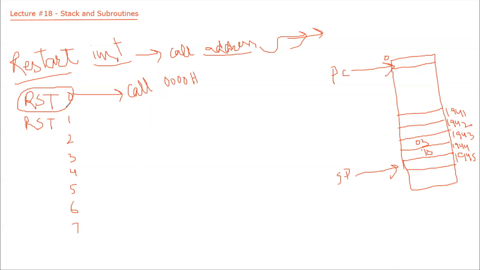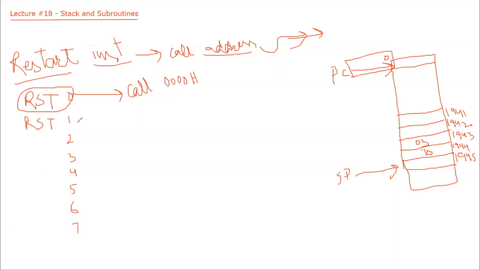Why we are using these restart instructions, we will discuss in our interrupts lecture. Here you only have to understand what these instructions are doing. So a restart instruction is moving to the start of the memory.